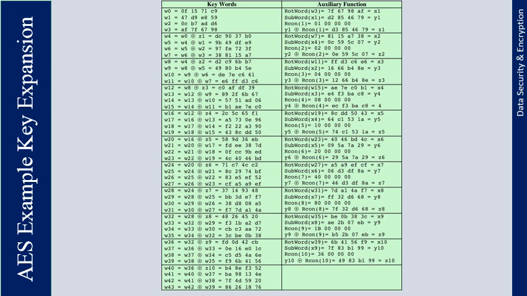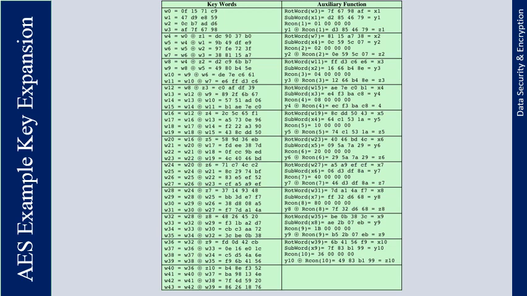As previously explained, this process is performed word by word, with each 4-byte word occupying one column of the round key matrix. So the left hand column shows the keywords, which are the 4 round key words generated for each round, and the right hand column shows the steps used to generate the auxiliary word used in the key expansion.